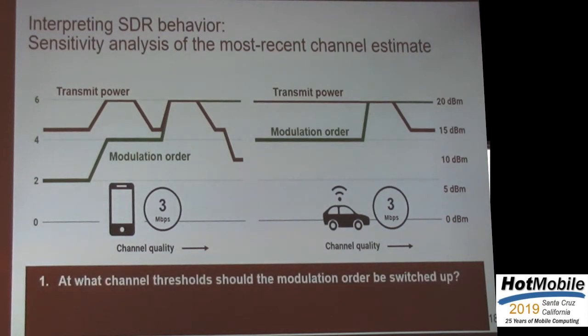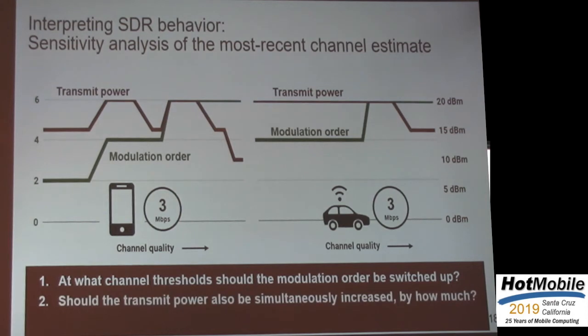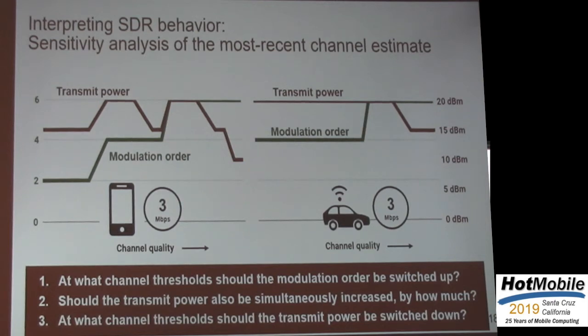First, at what channel threshold should the modulation order be switched up, like here? Second, should the transmit power also be switched up simultaneously, and by how much? And third, at what channel threshold should the transmit power be switched down? The answers to these questions vary a lot depending on the scenario you are in and the specific use case that you are trying to optimize for. And it's this ability that gives SDR an advantage over state-of-the-art algorithms, which are basically hard-coded rules.